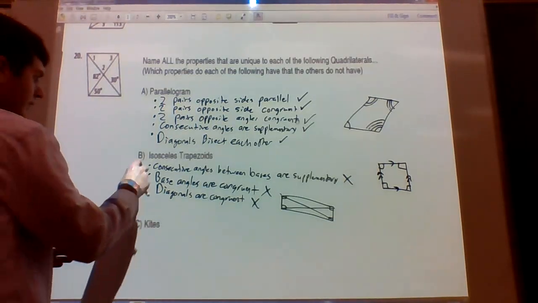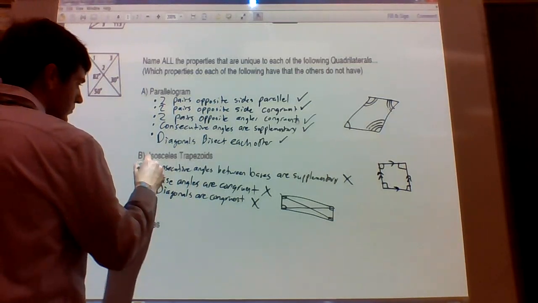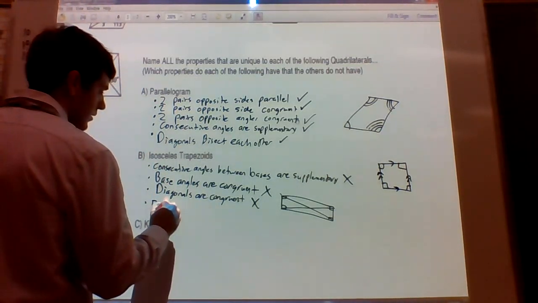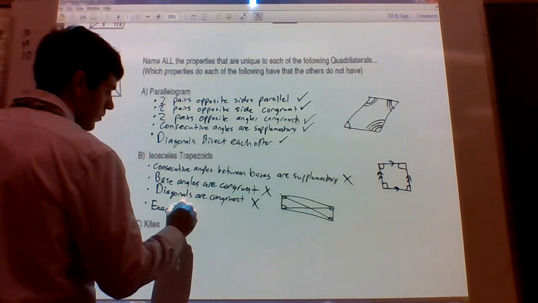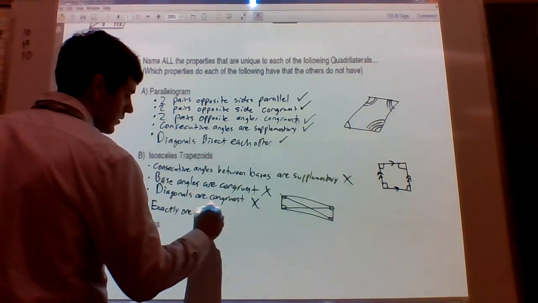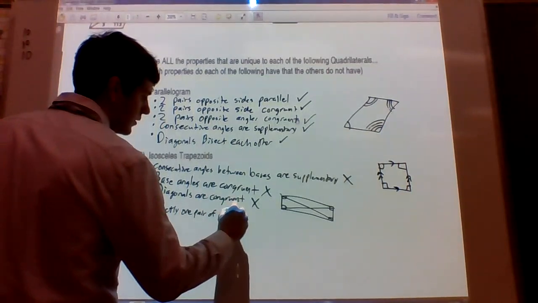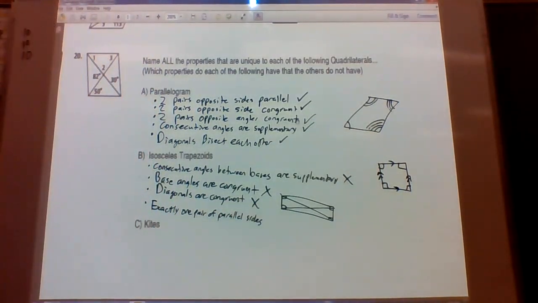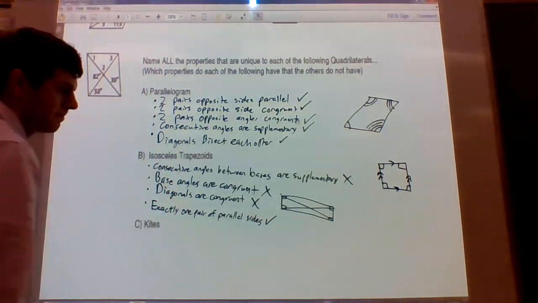And then the last property we have for isosceles trapezoids here is that we have exactly one pair of parallel sides. That's unique to trapezoids.